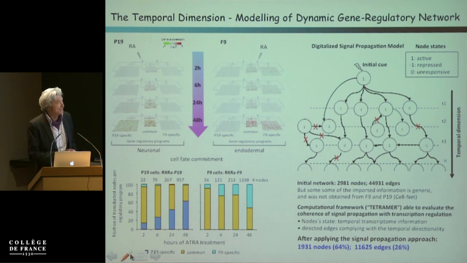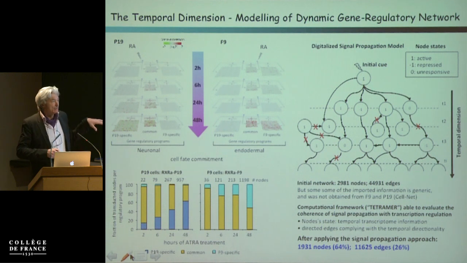So what we developed is a tool in which we ask, if the initial queue is activated, so we digitalized this information. This is, let's say, a gene regulatory event. +1 means the gene is activated, 0 means it's unresponsive, and -1 it's repressed. So we made a bioinformatic tool which goes in a temporal fashion. We go at time points 1, 2, 3, and 4.